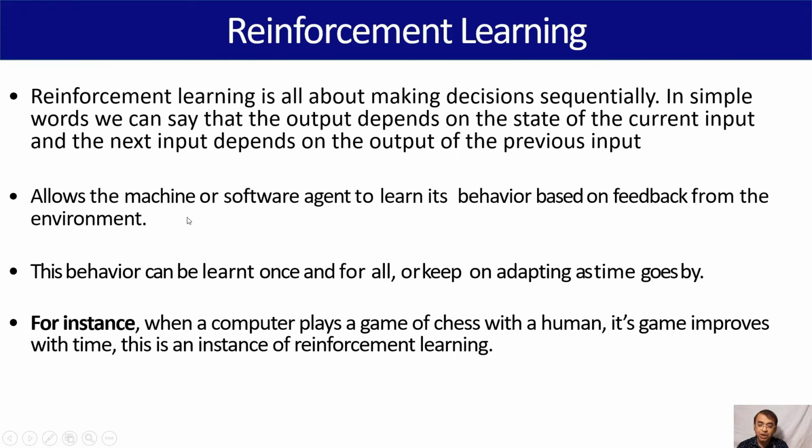It allows the machine or software agent to learn its behavior based on feedback from the environment. This behavior can be learned once and for all or keep on adapting as time goes by. For instance, when a computer plays a game of chess with a human, its game improves with time.